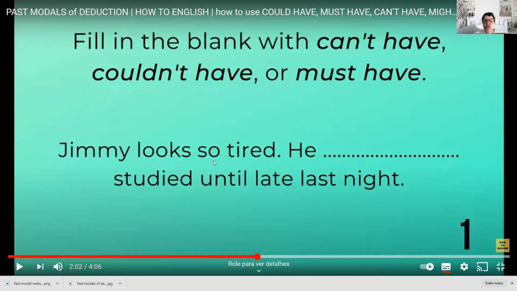If he looks so tired, then he must have studied until late last night, right? Probably I know Jimmy. I know he studies until late. That's a habit he has. I can say that with a degree of certainty. So that's why I use he must have, okay?